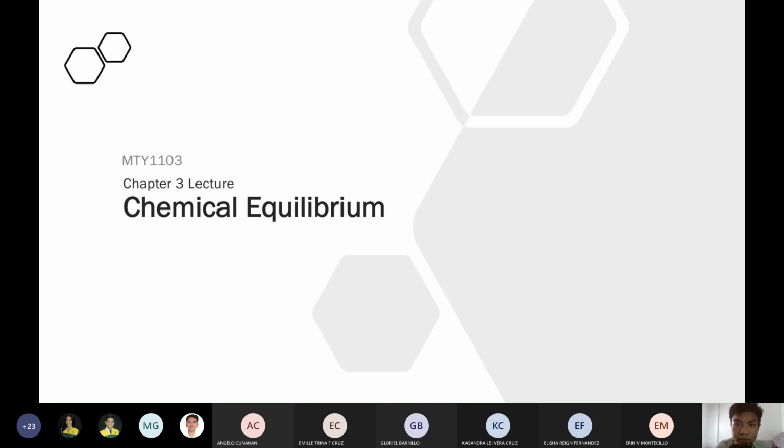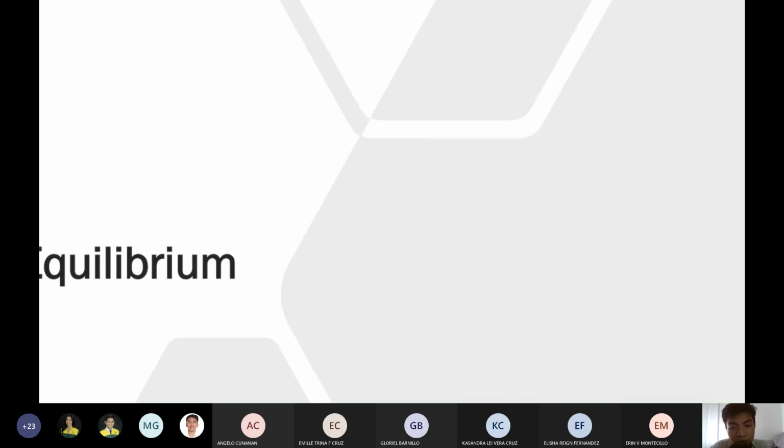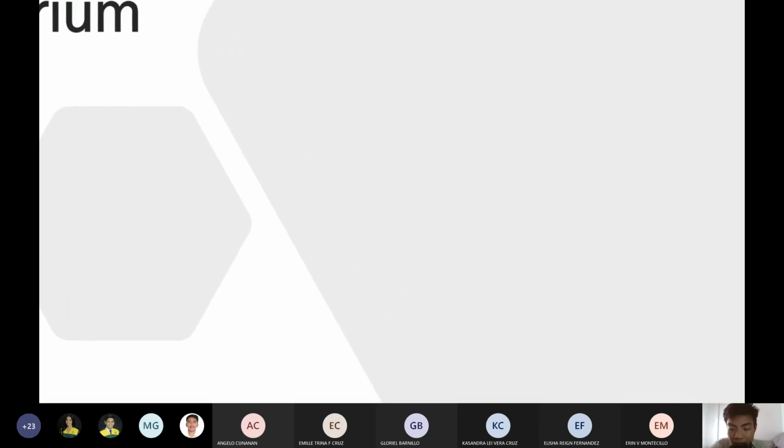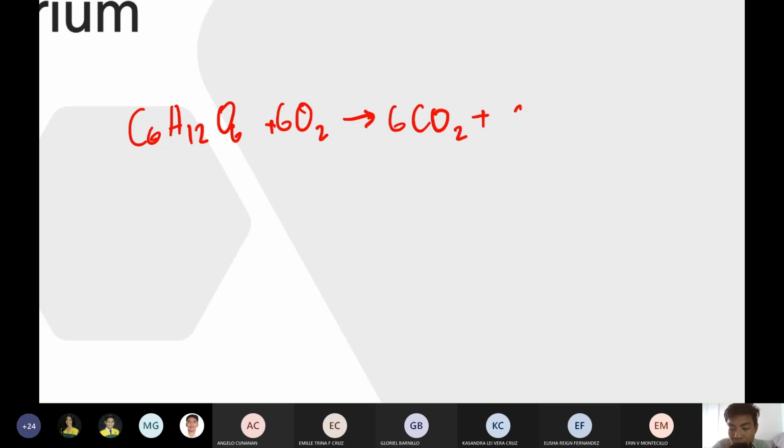Okay, so we are now on chapter 3, chemical equilibrium. We are familiar with reactions that only go in one direction. Ibig sabihin, isang direction lang yung reaction. Let's give an example: the combustion of glucose in the presence of air in the atmosphere will produce carbon dioxide and water molecules.